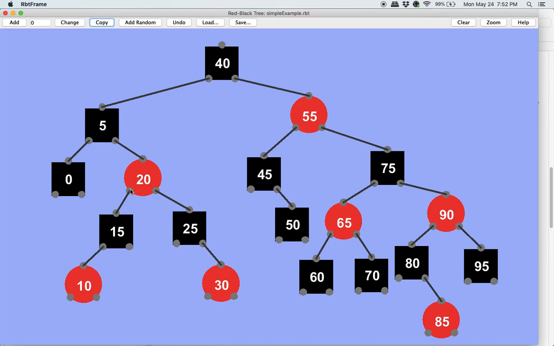So in this case, the 20, since I'm deleting the 15 here, instead of having its left child be the 15, it's going to have its left child be the 10, and the 15 goes away. Again, this example causes a red-red problem, but right now we're just looking at what we would do in a regular binary search tree, not in a red-black tree.